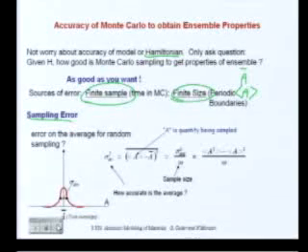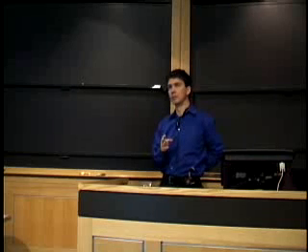Well, that's basic statistics. You know that A fluctuates with some spread around the true average. So you have some standard deviation, which is the standard deviation of A in the distribution.